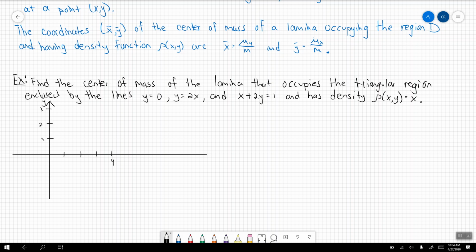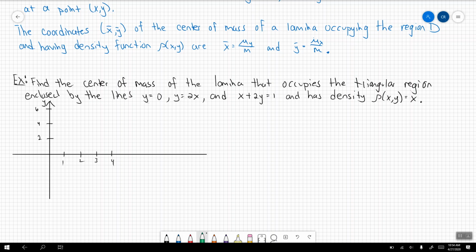Alright, let's see. I'm probably going to want these a little bit more than that. So let's go with 2, 4, and 6. And this will be just like that.